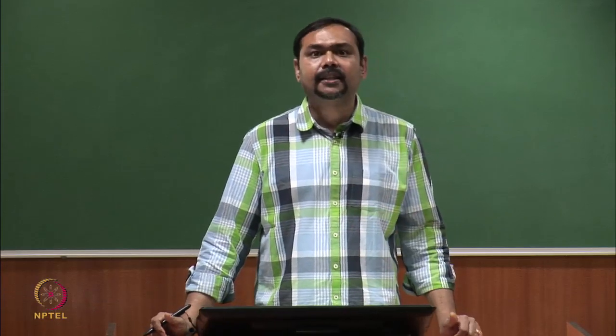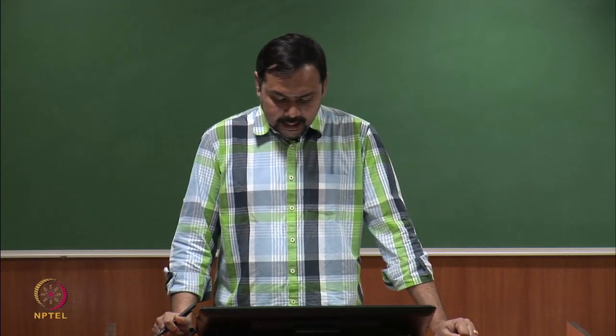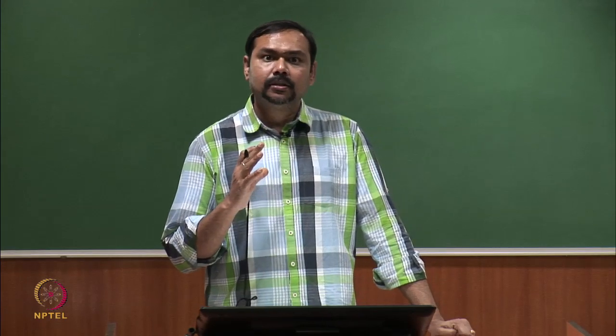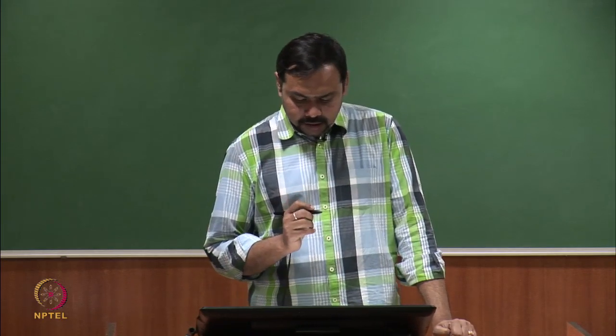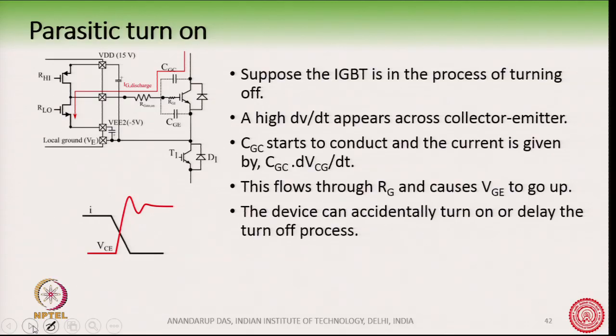Next, another phenomenon, again this is another parasitic phenomenon that can happen, and so let us understand this parasitic phenomenon. Again, it has effect on how we design the gate driver resistance. Okay. So, suppose this IGBT here is in the process of turning off, let us assume like that. Okay.